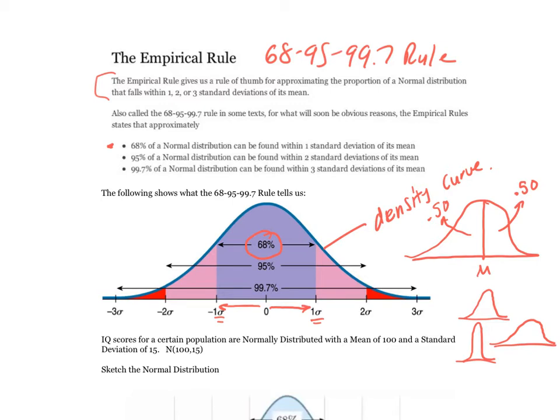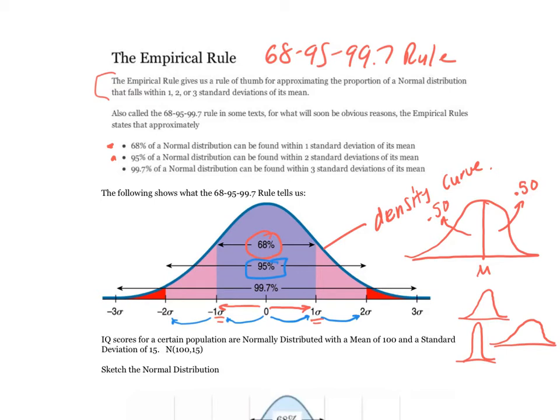Okay, second part: 95% of a normal distribution can be found within 2 standard deviations. So instead of just going 1 standard deviation in both directions, like this is 1, this is 2, and then going 1 back and then another back, that will be 95% of the data. So 95% of the data is captured by going out 2 standard deviations from the mean.